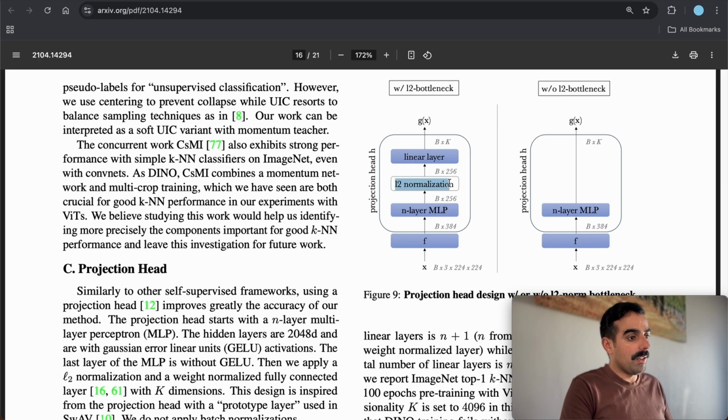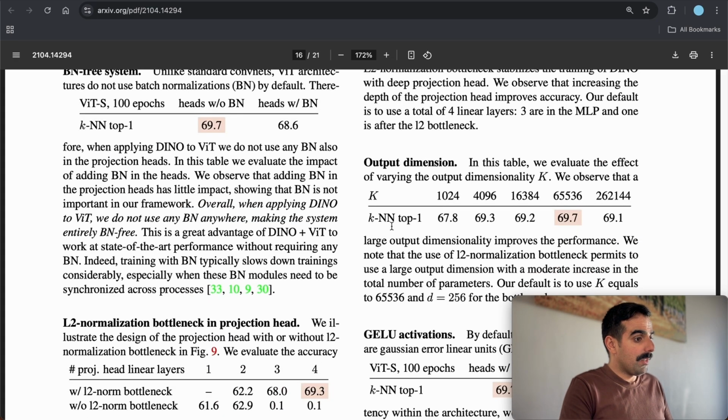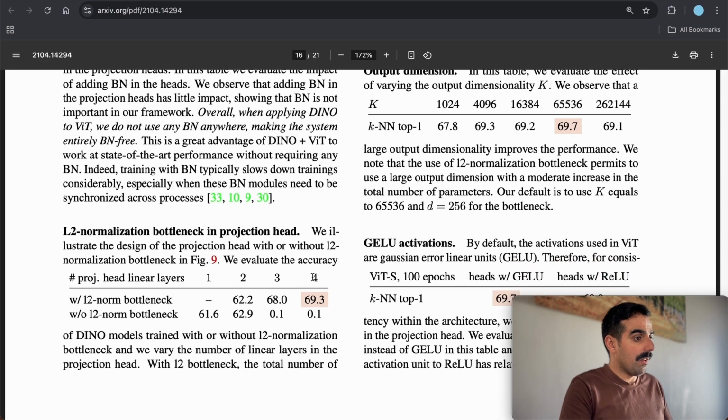They're adding an L2 normalization and a linear layer to map from the bottleneck dimension, which was 256, to the number of prototypes. They compared these architectures and found that 4 layers with an L2 norm bottleneck yields the best performance. If they remove the L2, it won't converge.